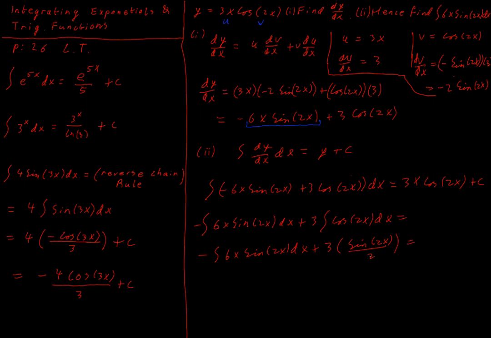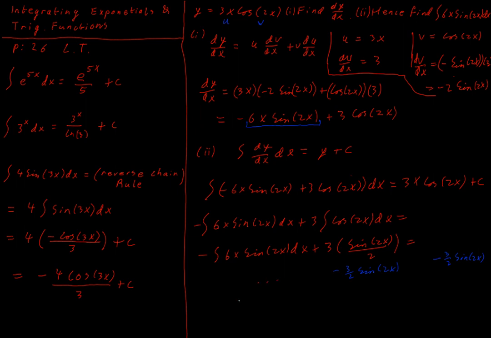So we are going to move things around to have our 6x sine 2x by itself. So we're going to subtract 3 over 2 sine 2x from both sides, and change the sign as well.